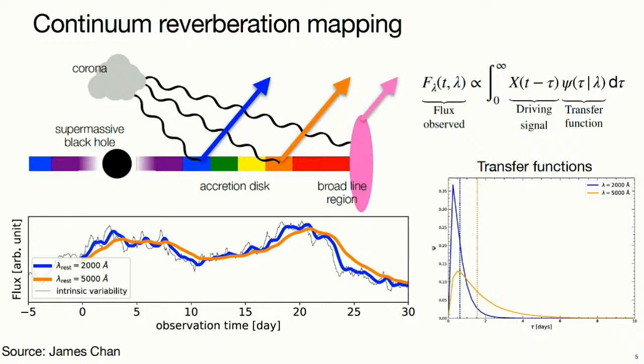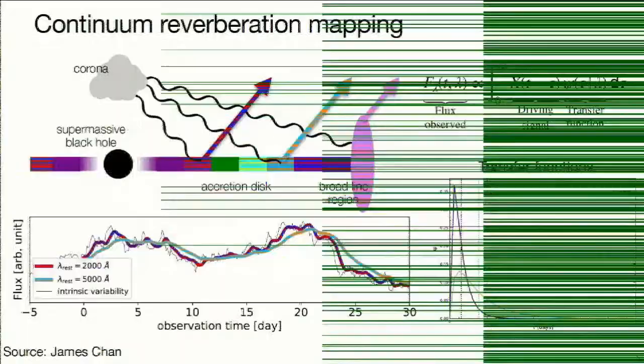So we get bluer light near the supermassive black hole, and redder light farther out. Mathematically, we represent this reprocessing with these transfer function kernels, the dotted lines, with the time lags we expect from each of these units.